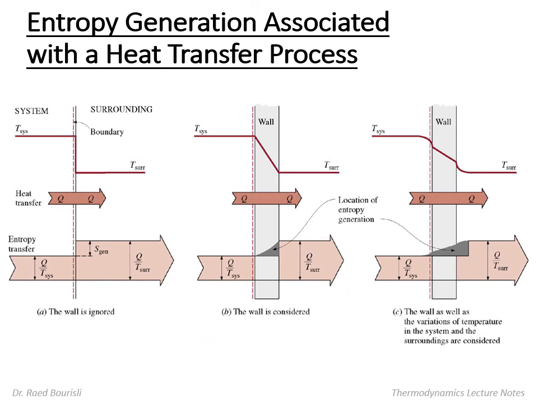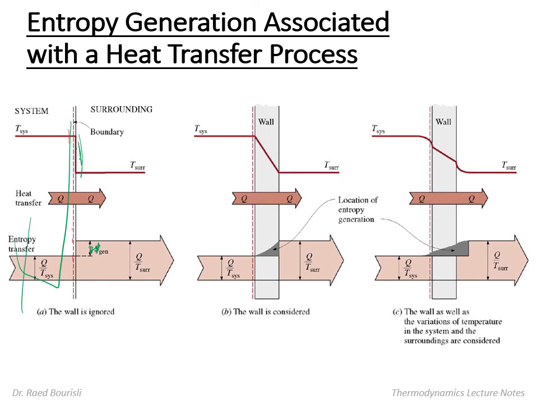The last thing I want to talk about is the entropy generation associated with heat transfer. You remember we said that if the system boundary is here and the actual temperature drop, or the heat transfer, happens outside the boundary, then the entropy generation happens outside the boundary.